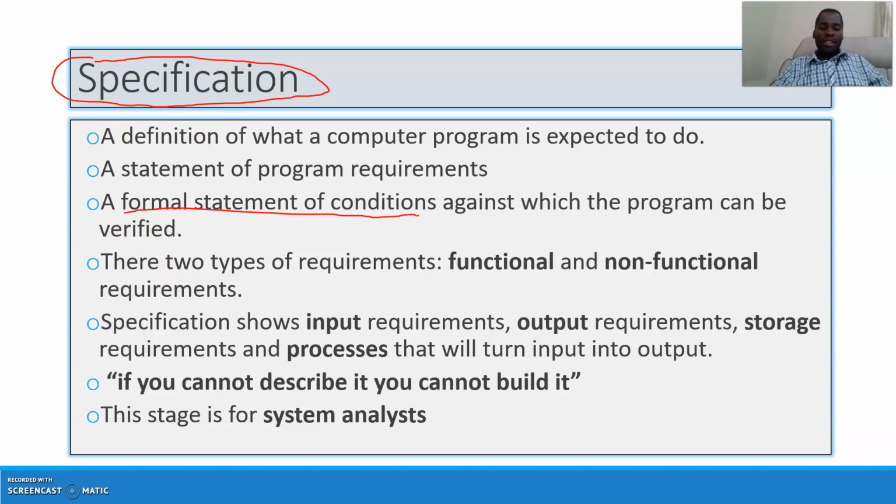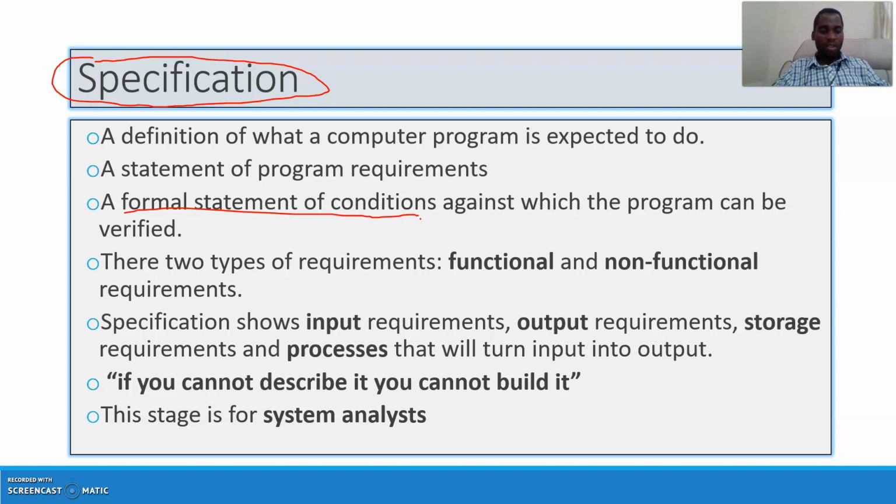And this formal statement is a formal statement of conditions where later, after you have developed your program, you verify whether what you have programmed is the correct thing, or is addressing the need, by checking it against the formal statement that you had under specification.